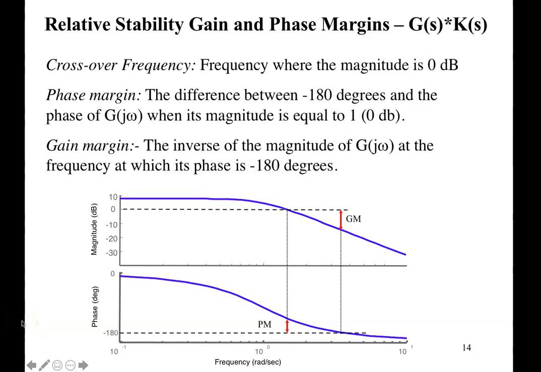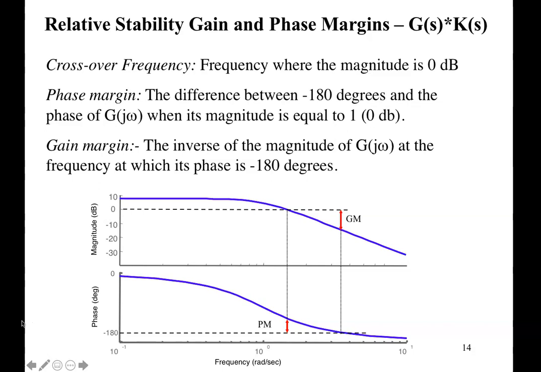In the previous discussion, we were looking at how to determine if a closed-loop system is stable or not from frequency response diagrams. Now, for the Bode plots, we said that we could identify two frequencies.